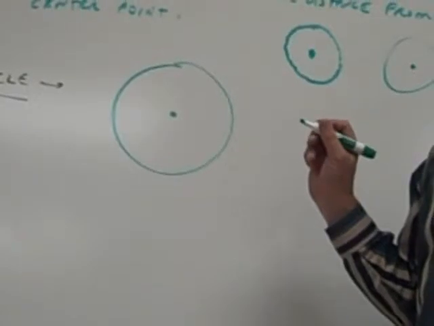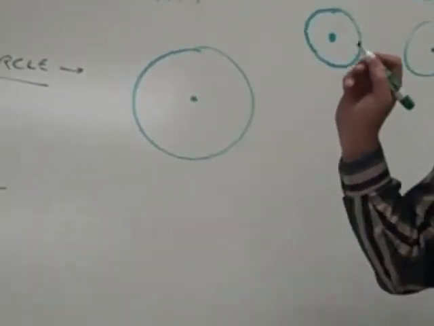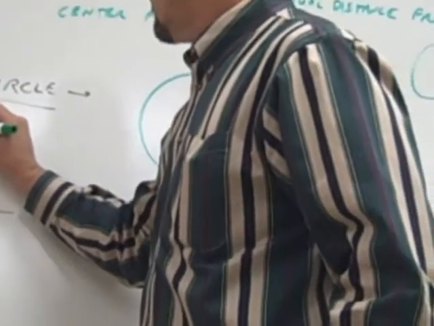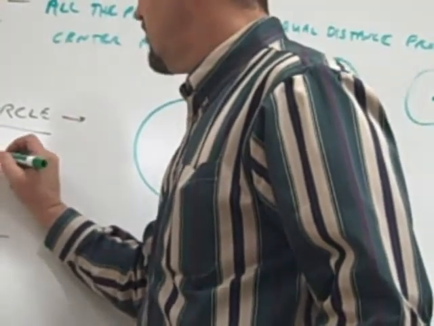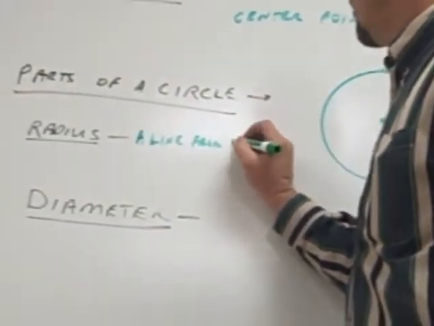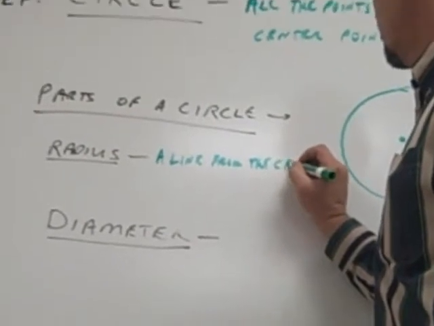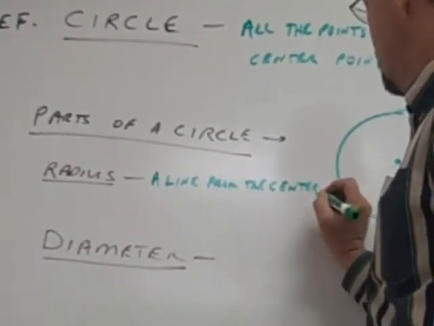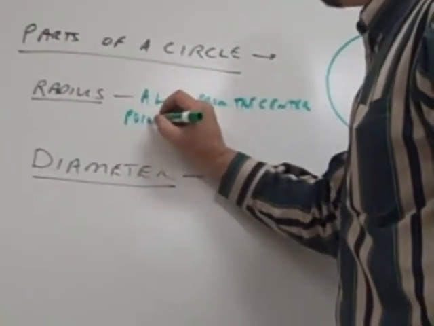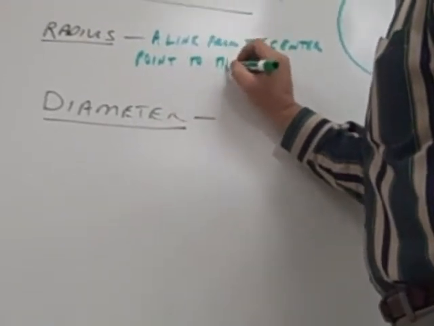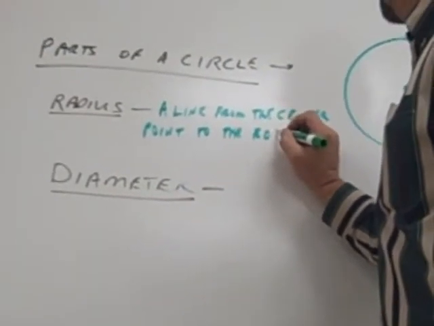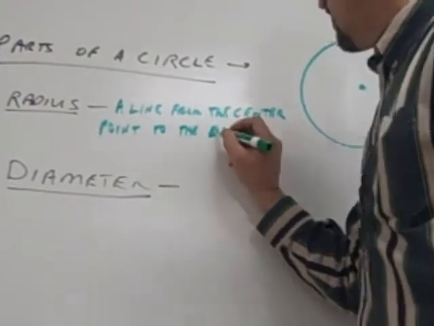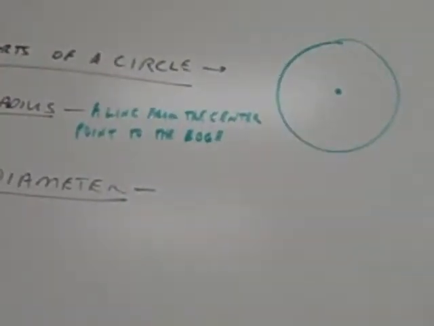Isn't it the distance from the center to the edge? I like that. The radius, a line from the center point to the edge.